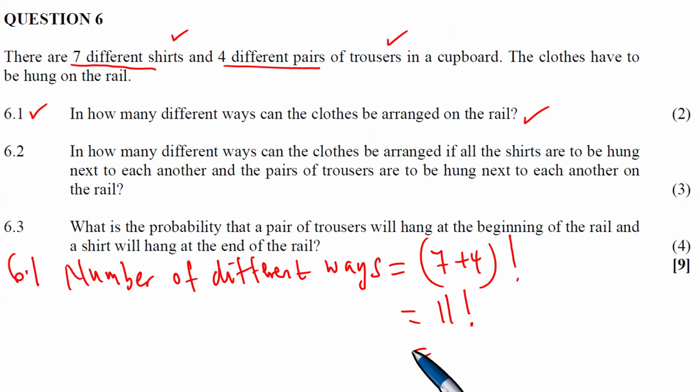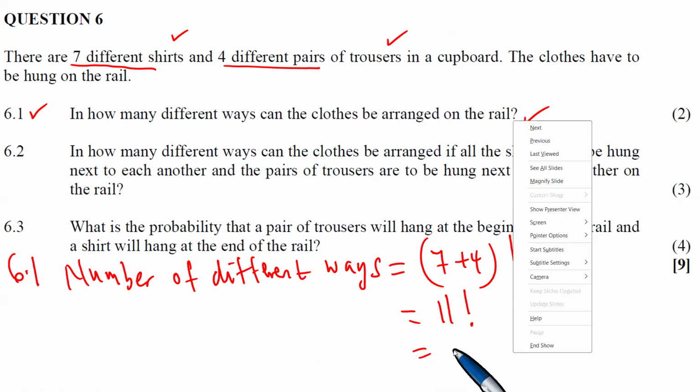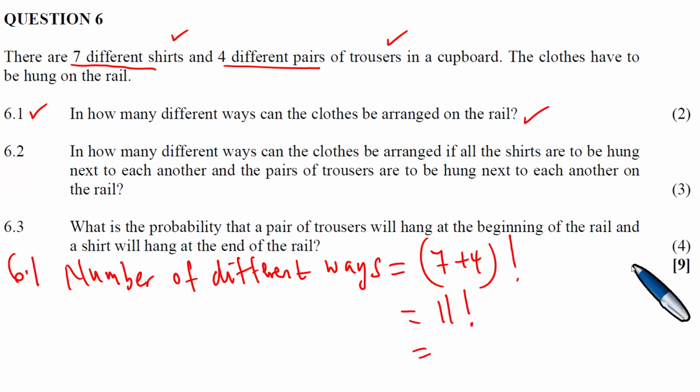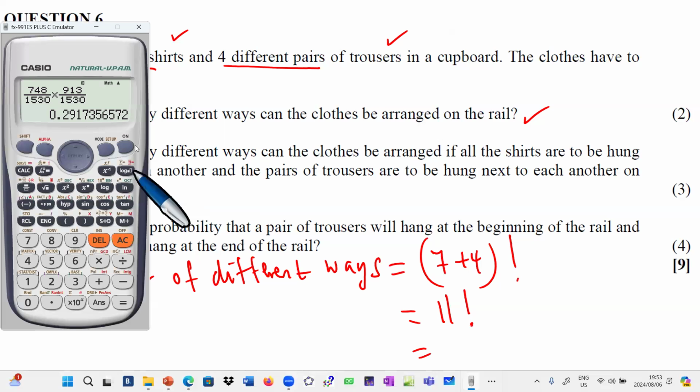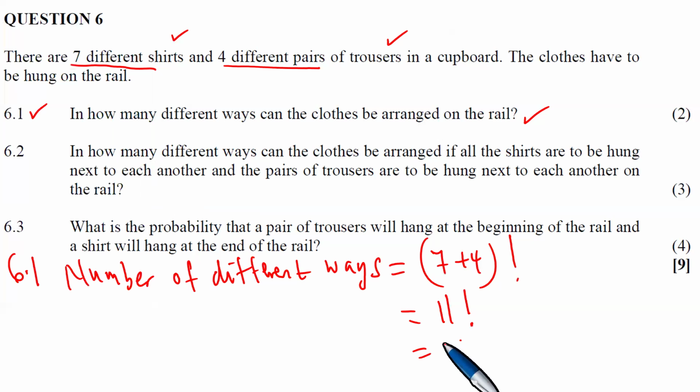If you do factorial the 11, you get the answer as follows: 3991680. Right, so that is correct. So you're getting 39916800.